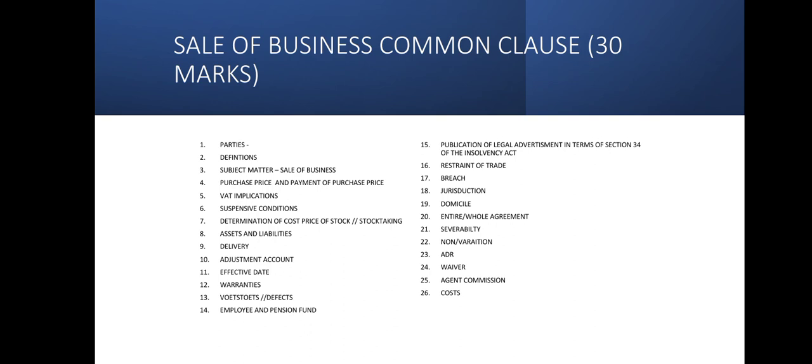In doing so, the seller warrants that he will not get any remuneration for the warranties. The remuneration will come in the form of the purchase price, and that is it.